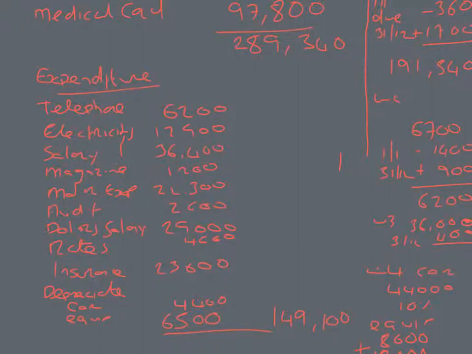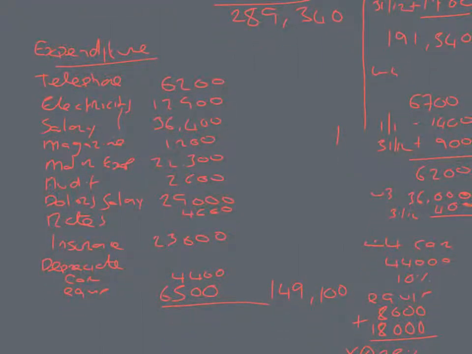So if we take them two figures away from each other, we get a value of 140,240. And that figure has to be labeled as our net profit.